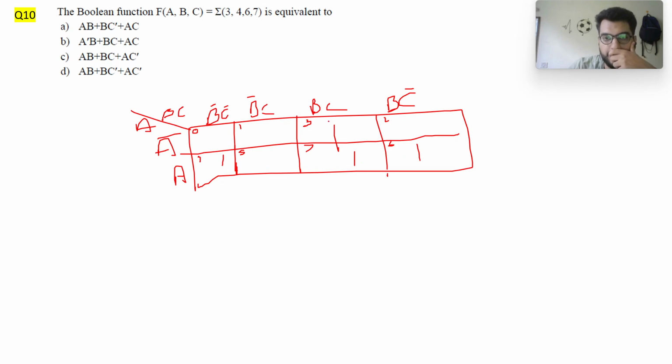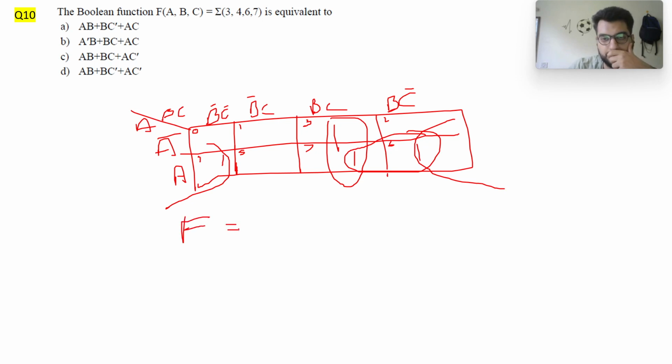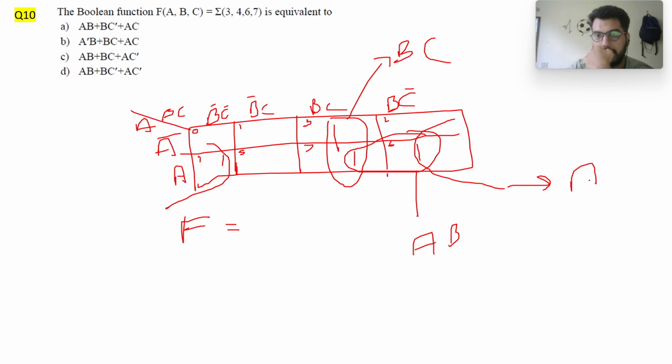So what we can have is this pair, and this pair. So F will be equal to the contribution from this pair, it's BC. The contribution from this pair is AB, and the contribution from this pair is AC dash.